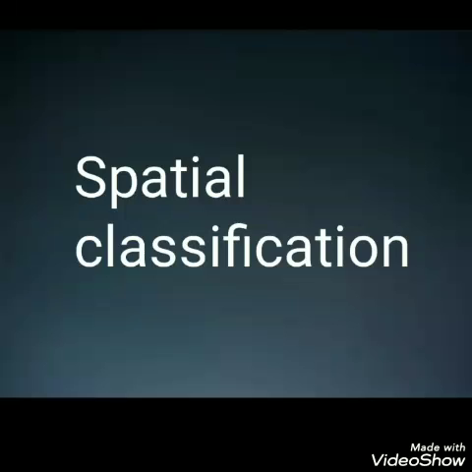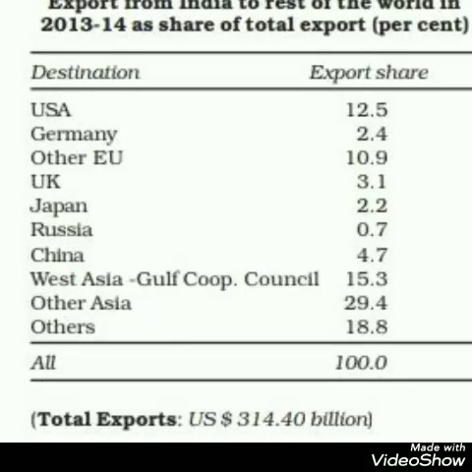Look at the picture. In this picture, for example, we take exports from India to the rest of the world in one year as a share of the total export percentage. Here the destinations are many countries: USA, Germany, other EU, UK, Japan, Russia, etc. On the other side there is the export share: 21.8, 5.6, 14.7 and so on.